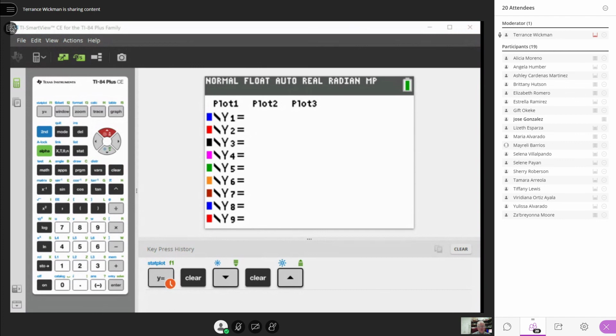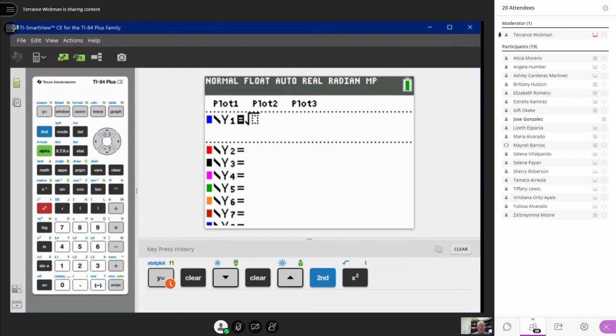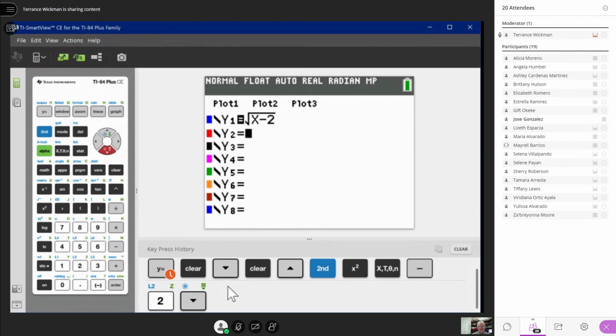We're going to put in the square root. That's the second value, square root, x minus 2. We'll graph it.